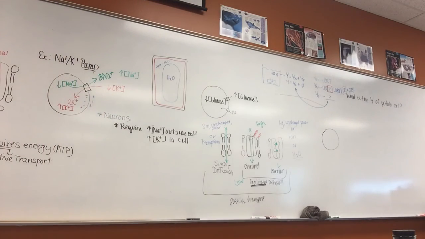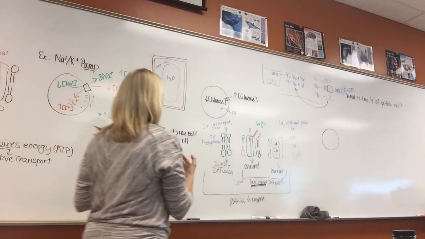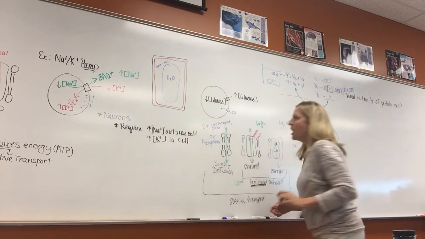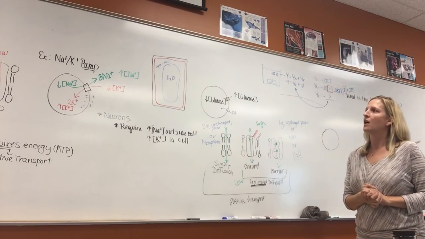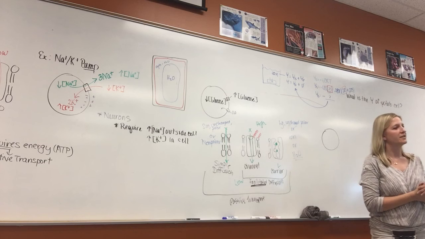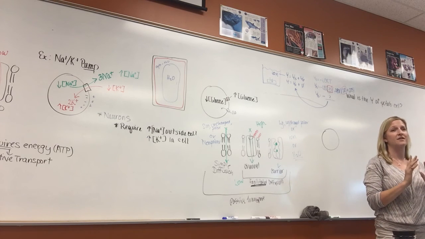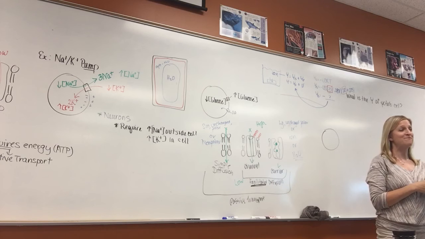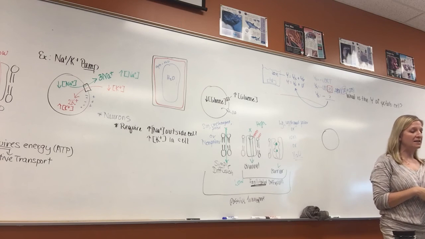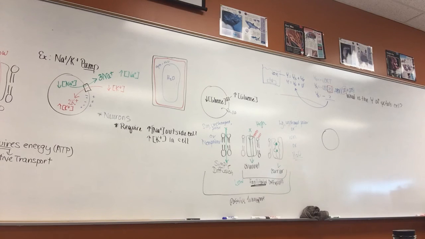And so what happens is when plasmolysis occurs, what kind of solution does the cell have to be in for this to occur? For plasmolysis to occur, does water have to go into or out of the cell?